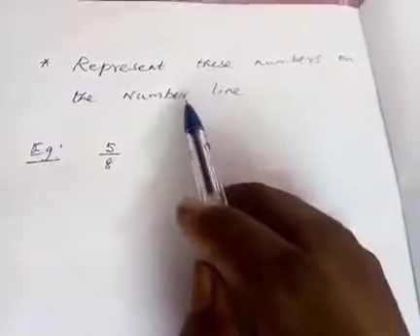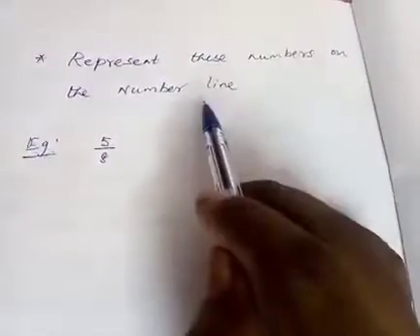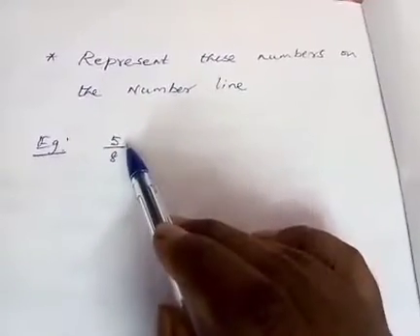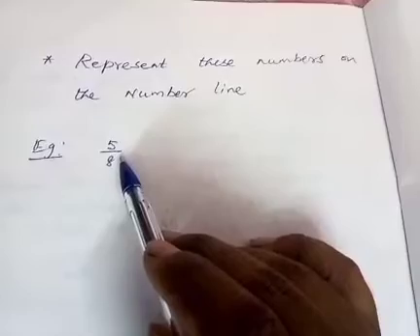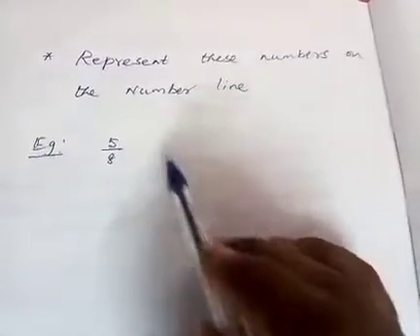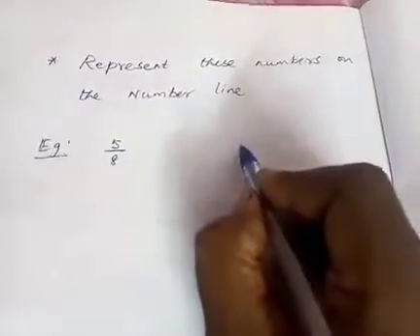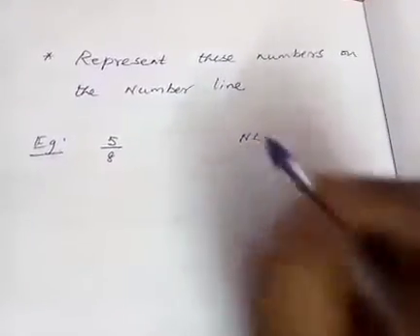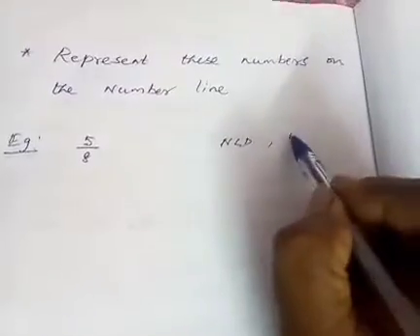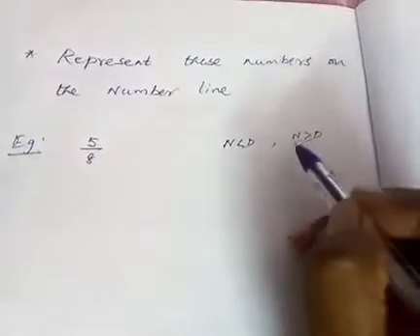Next, how to represent rational numbers on the number line. For example, how can we represent 5 by 8 on the number line? 5 divided by 8 is a rational number. There are two categories. The first category is numerator less than denominator. The second category is numerator greater than denominator.